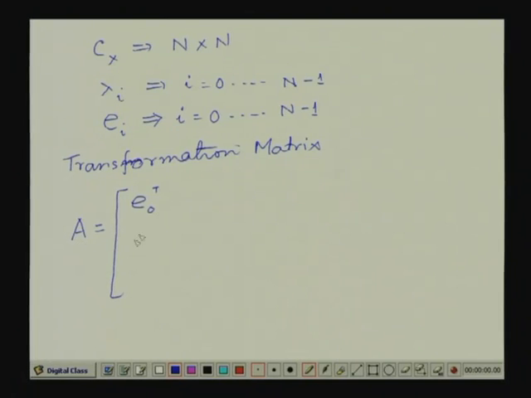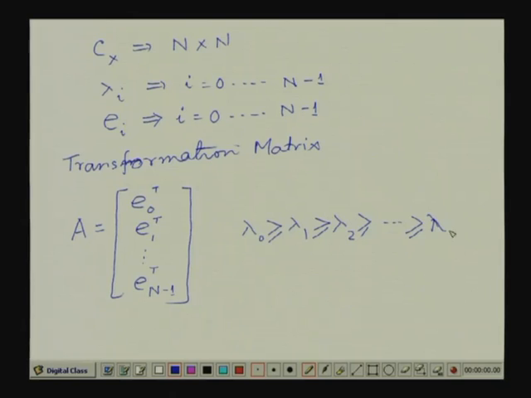So, this A will be E0 transpose, E1 transpose, and so on up to E n minus 1 transpose, where E0 corresponds to the eigenvalue lambda 0, and our assumption is that lambda 0 is greater than or equal to lambda 1, which is greater than or equal to lambda 2, and continuing like this, greater than or equal to lambda n minus 1.